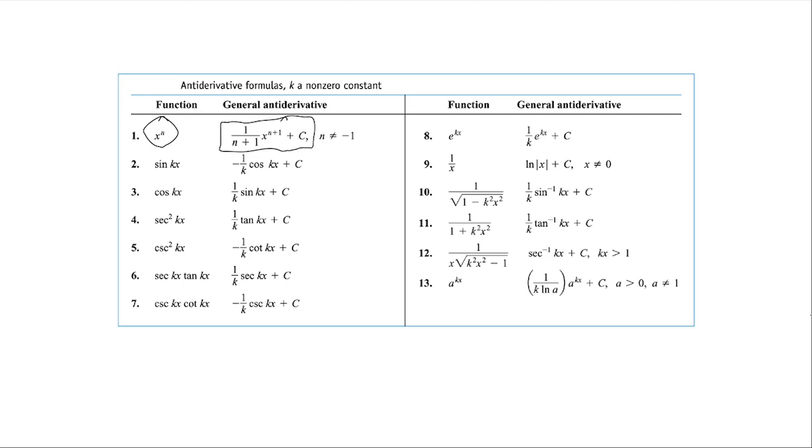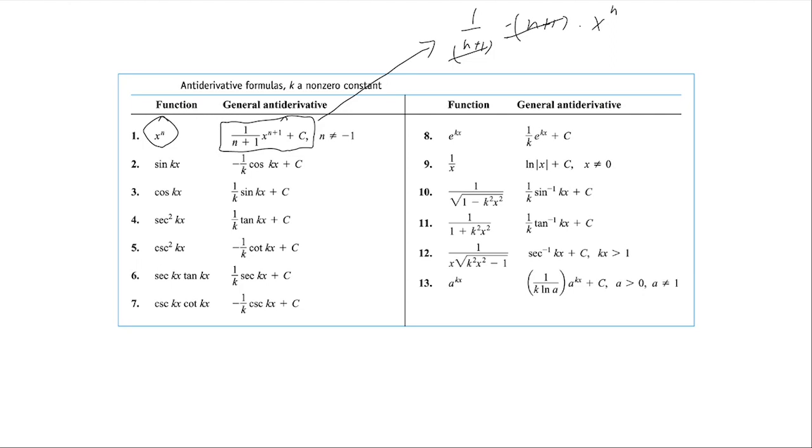Why is that? To check, find the derivative of this expression. The derivative is 1 over n plus 1 times the derivative of x to the power n plus 1, which is n plus 1 times x to the power n by the power rule. So it gives us x to the power n.